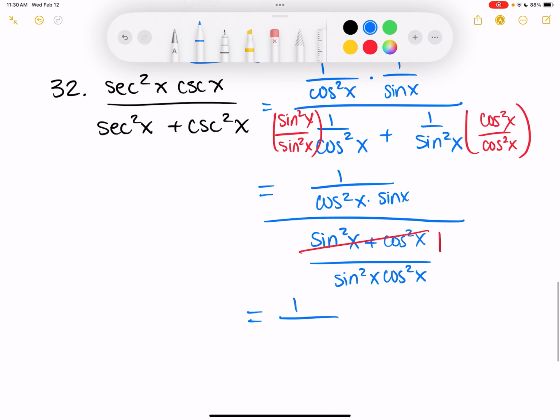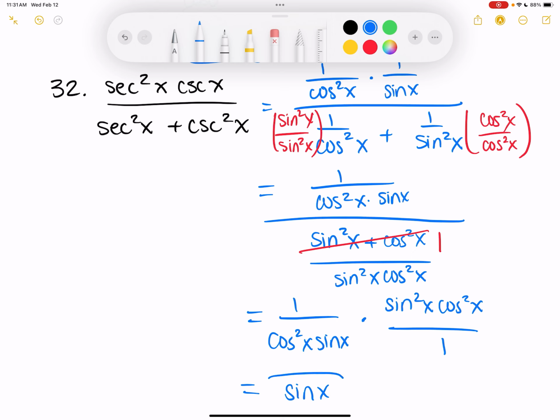So I've got 1 over the cosine squared of x, sine of x, times sine squared of x, cosine squared of x, over 1. And what am I left with? Sine x. Yep. Sine of x.